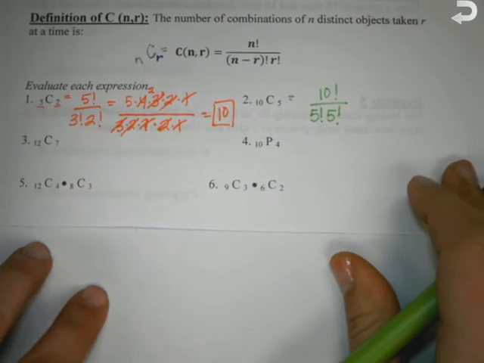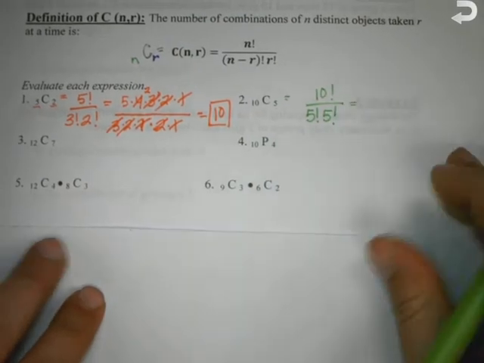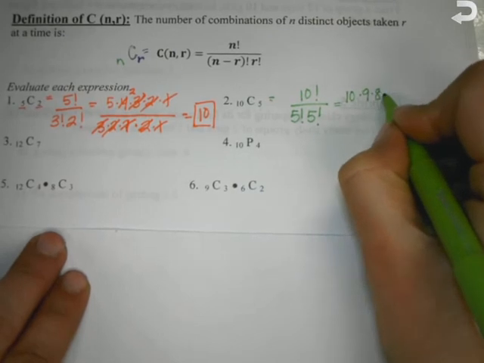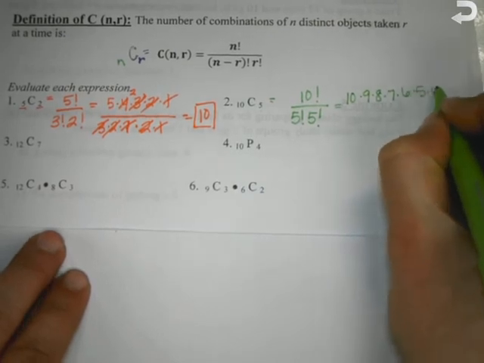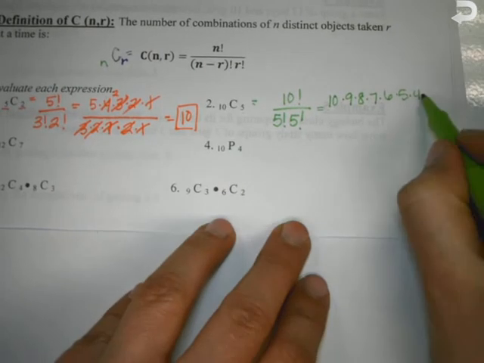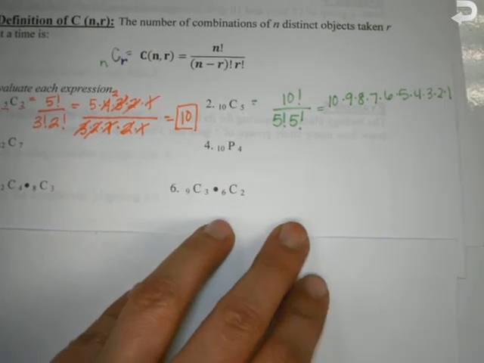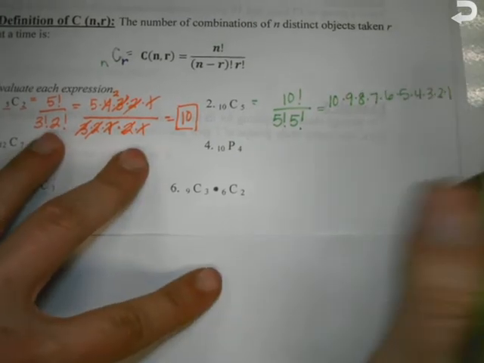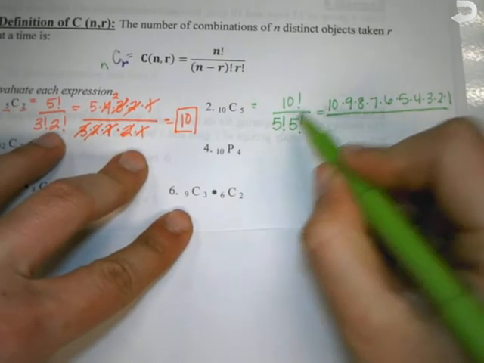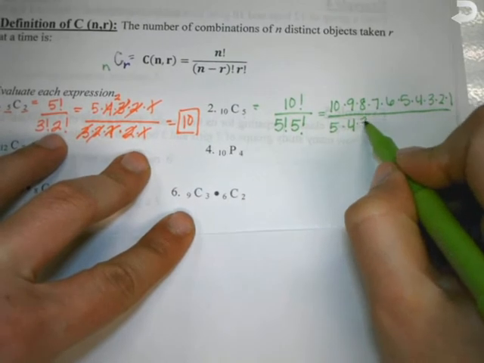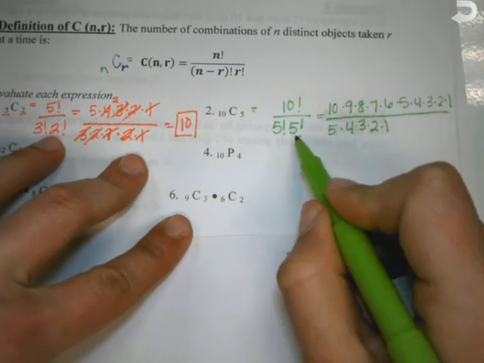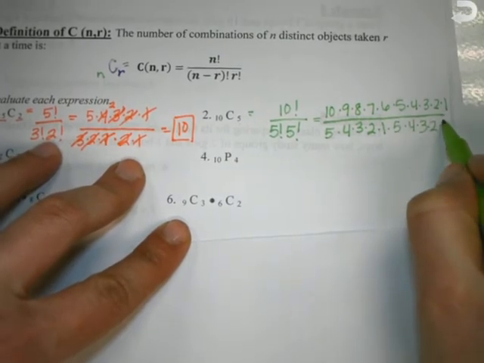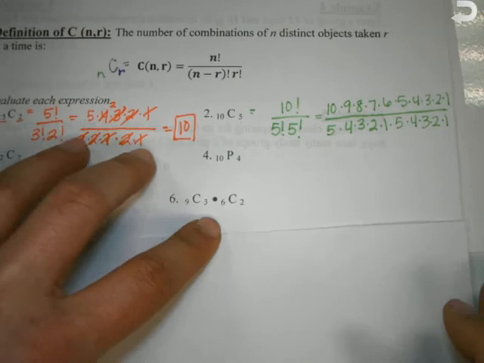Okay, 10 factorial is what? 10 times 9 times 8 times 7 times 6 times 5 times 4 times 3 times 2 times 1 all over 5 factorial is 5 times 4 times 3 times 2 times 1 and 5 factorial again, so times 5 times 4 times 3 times 2 times 1. What cancels here?